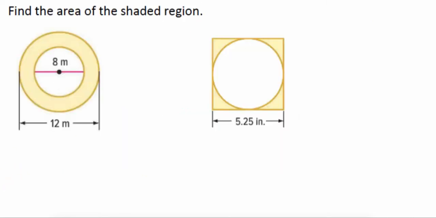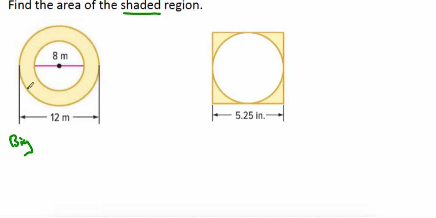Last couple, making you think a little bit. Find the area of the shaded region. You'll notice I have 2 circles: a big circle, and then a smaller circle cut out of it. Focus on the big circle first. Here's my poorly drawn big circle. 12 meters is the distance all the way across, so that's my diameter.